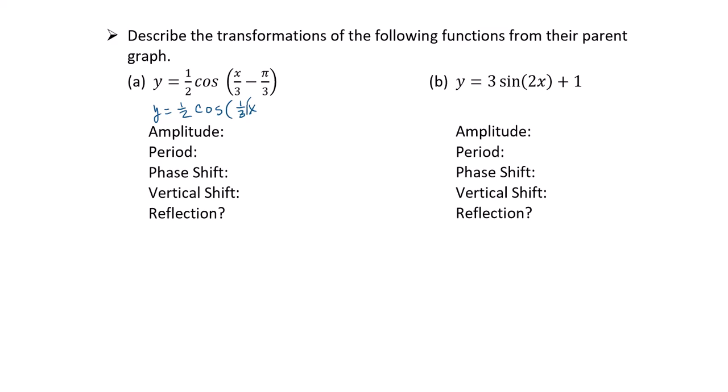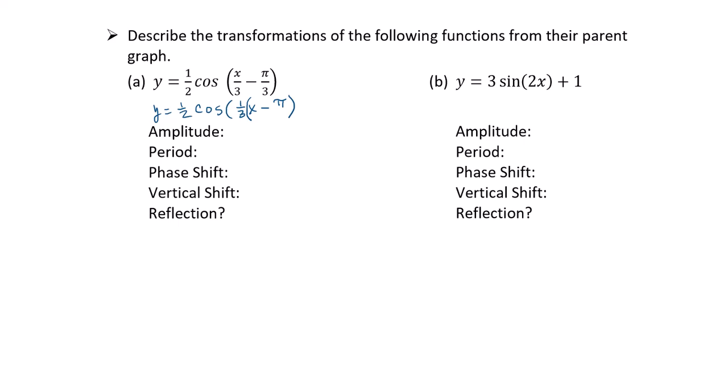So let's go ahead and factor out the 1/3. It's 1/3 x minus pi. If we would redistribute the 1/3, we would come up with x over 3 minus pi over 3.